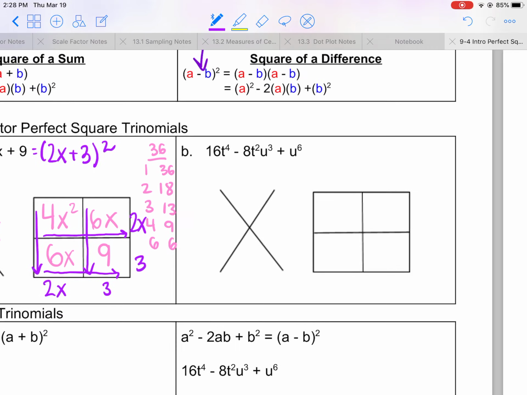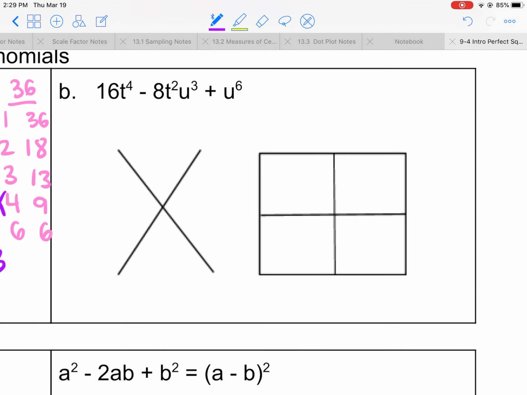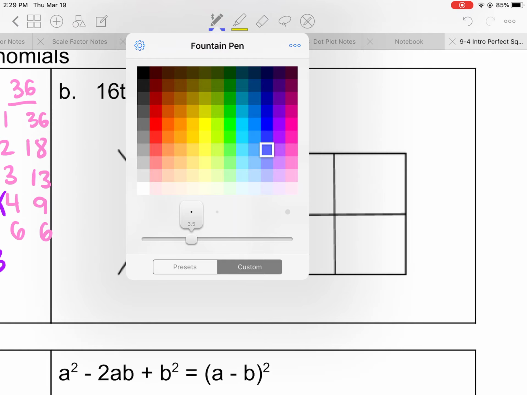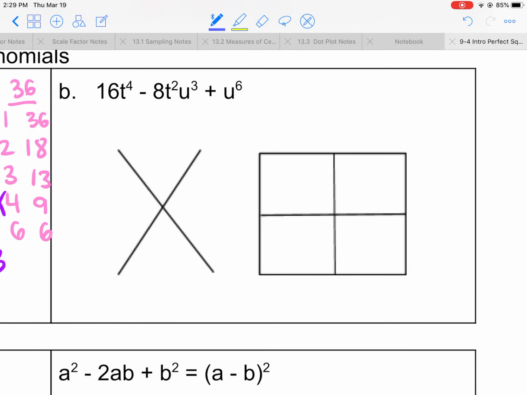So now, for this one, I have 16t to the 4th minus 8t squared u cubed plus u to the 6th. It looks kind of intimidating because it does have multiple coefficients, but it is not difficult.